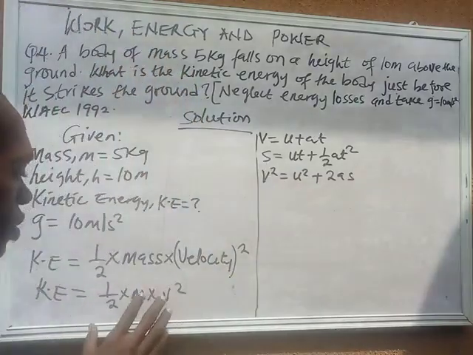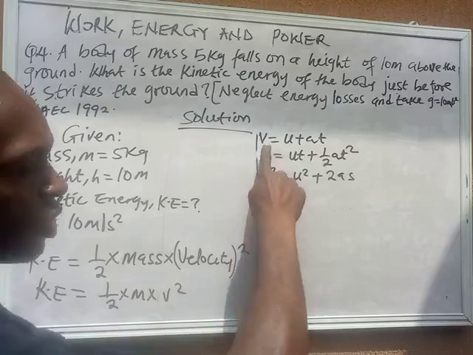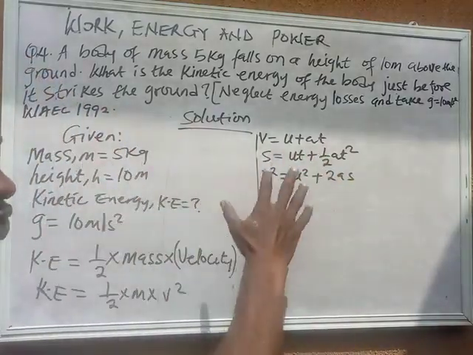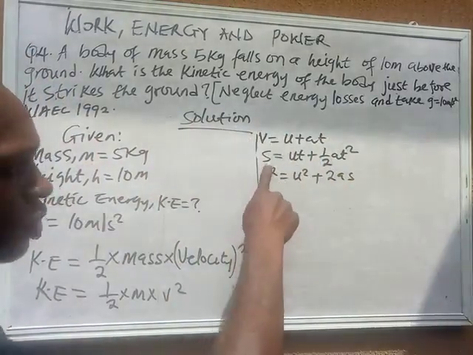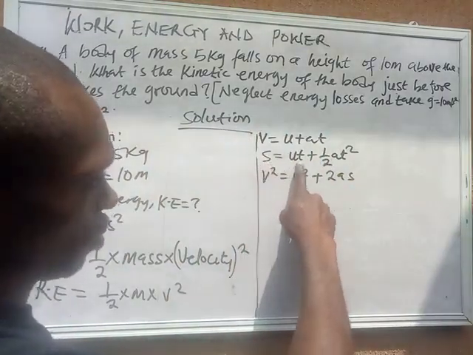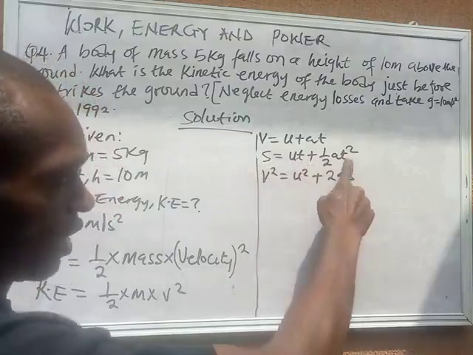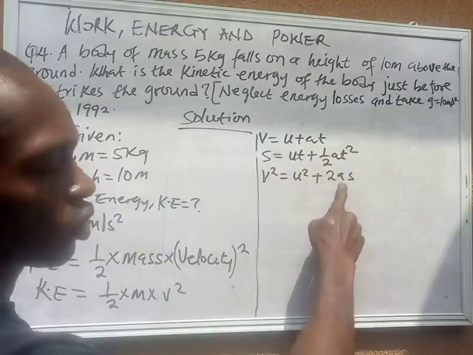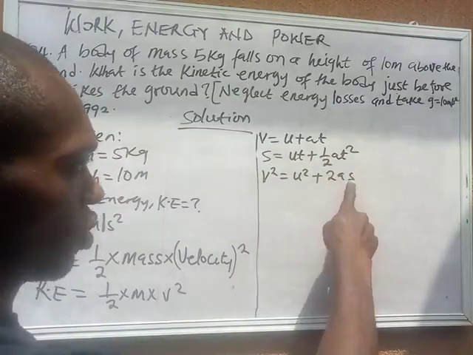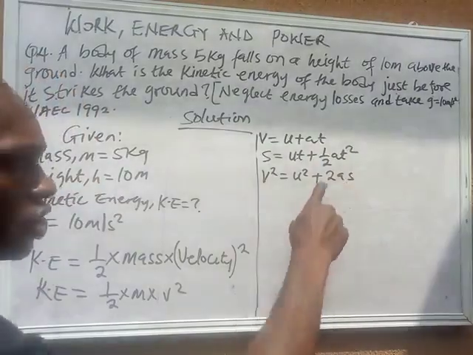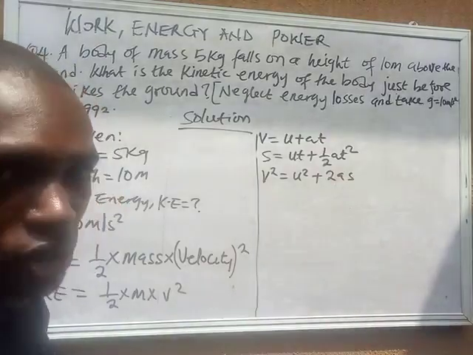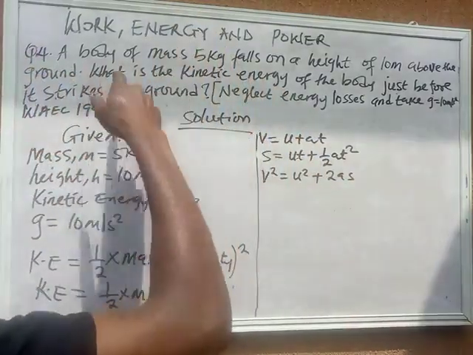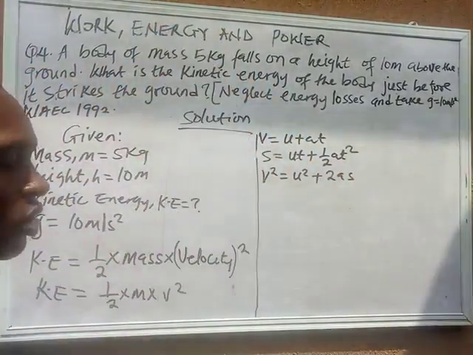Now, if you look at this question, if we're looking for v squared, and we use the equation with t, we don't have time here. We have s, so we can equally use v squared is equal to u squared plus 2as. We will take this a as g, because this motion is a vertical motion, not a horizontal motion.